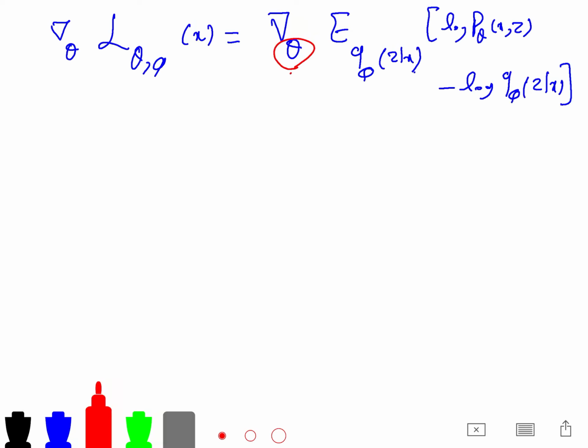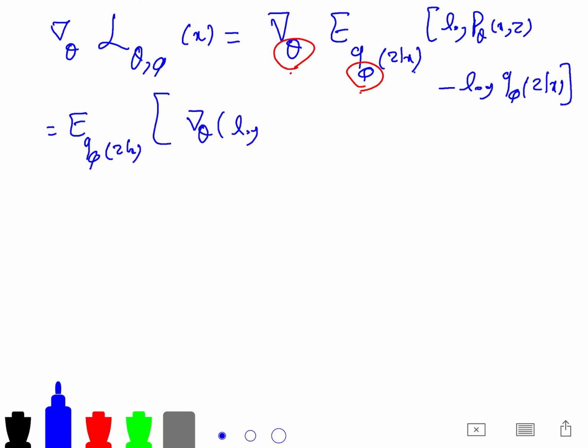If we are differentiating with respect to theta, and this is phi, that's why it's easy. So this becomes the expectation over q phi of z given x of the gradient with respect to theta of log p theta of x and z minus log q phi of z given x.